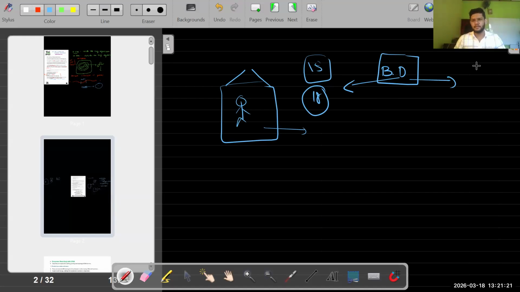Which is easier for them: targeting a person who's coming for the first time, or a person who is already present in the society actively? The new person, right? Why?